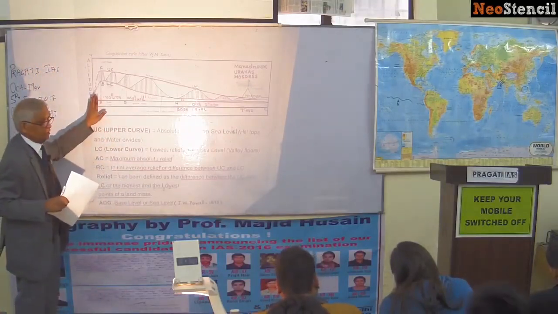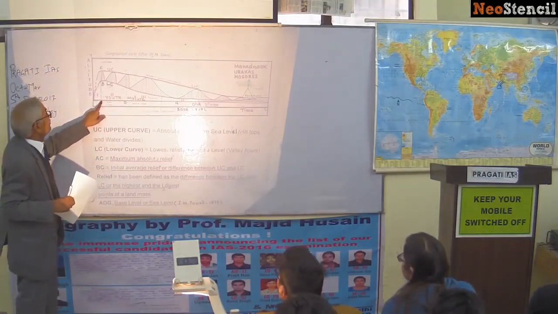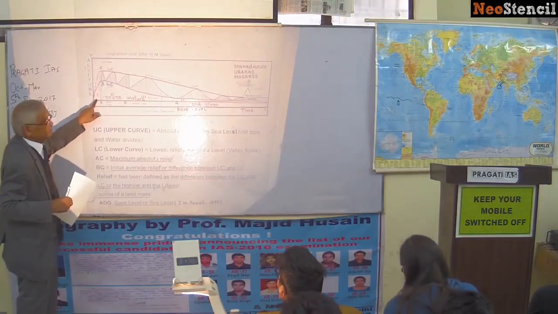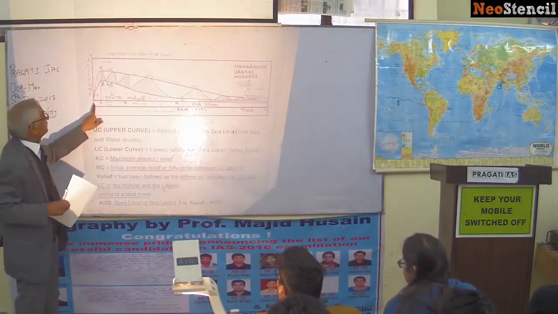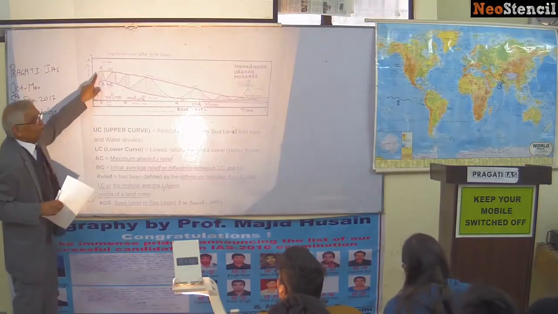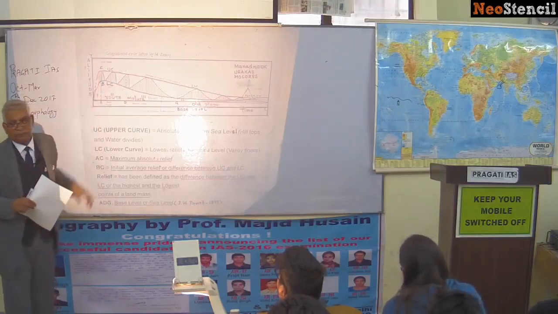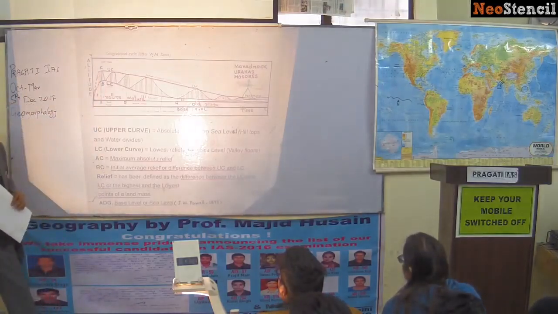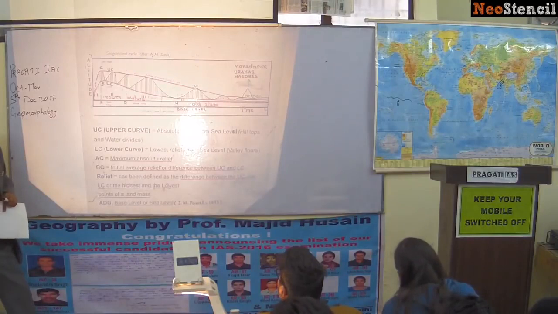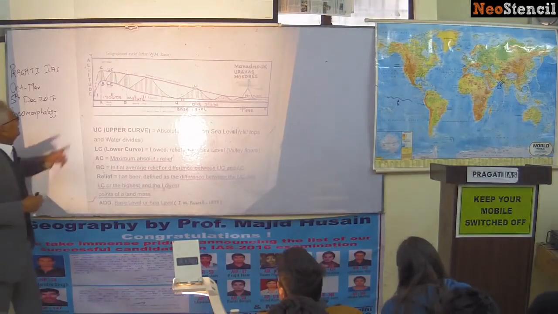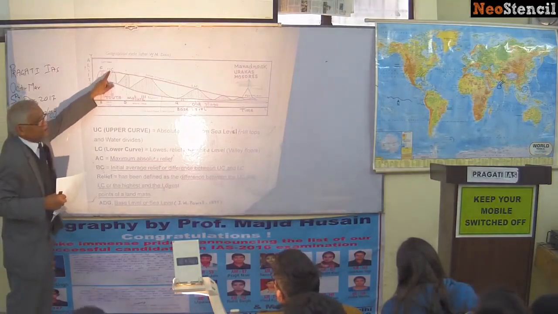So if you read this graph carefully, you will find there is a very short period of upliftment. The updoming, this small period is available for the upliftment, or upliftment is completed in a short period. And after this is weathering and erosion.